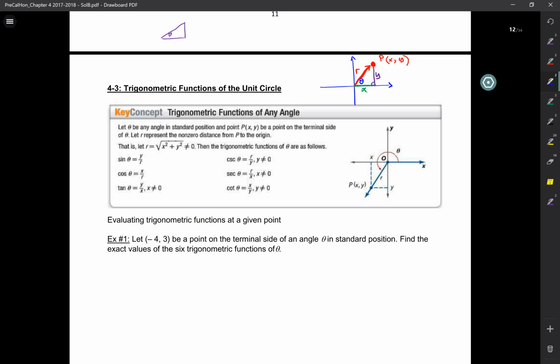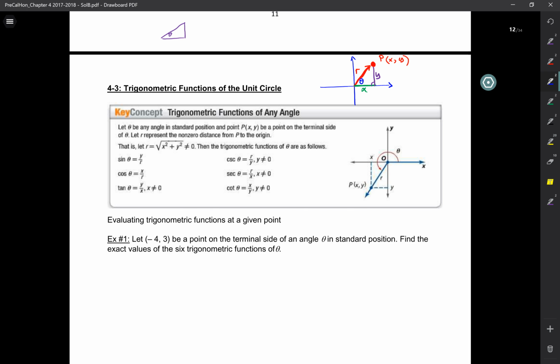Now it's all about the x, the y, and sometimes the r. Right? We're even going to let go of the r eventually. All right? So if I wanted to find the sine of theta, then it would be what over what? What the ratio of which two sides? Y and r. And if I wanted the cosine, it would be the ratio of which two sides? X and r. Okay?